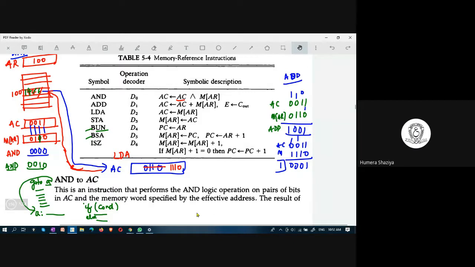BSA is not exactly like if, it is like a function call. Have you studied functions? You can define a function void add, and there is void main.